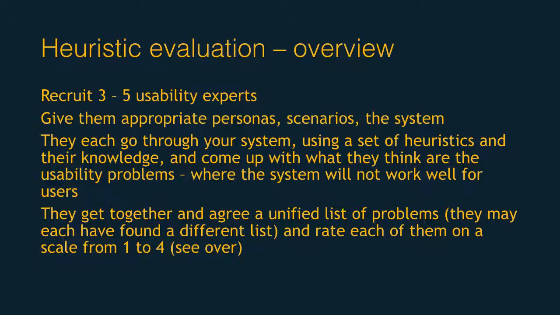Then if you find problems, you're going to have to redevelop. So the earlier the better, once you understand the design. So you give the experts the system. You also give them appropriate explanatory material like personas and scenarios of use: how are people expected to use this system, what tasks should they be undertaking, what goals should they try and achieve.